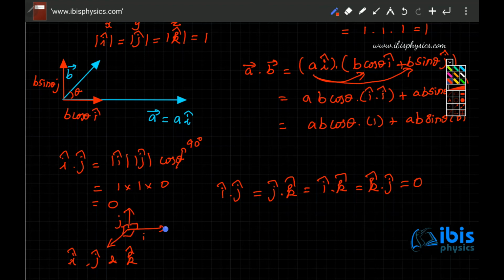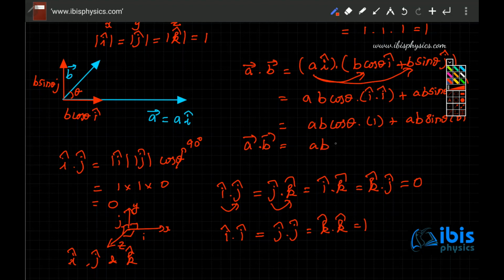All the axes x, y and z are mutually perpendicular, so the angle between all of them is 90 degrees. So whether it is i dot j, or j dot k, or k dot i, or k dot j, anything, they are all going to be 0. What else are going to be 1? i dot i equal to j dot j equal to k dot k equal to 1. So now, as we did, A dot B is AB cos theta plus 0.